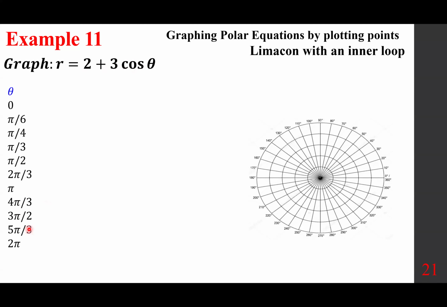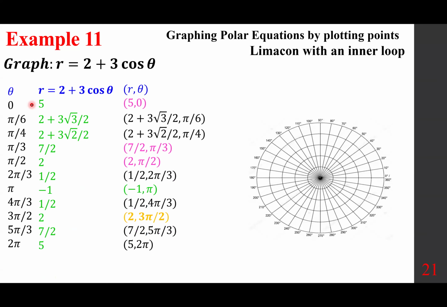5 pi over 3 is a good number. It's just like pi over 3, and it's positive because in the fourth quadrant cosine is positive, so it gives you 1/2 times 3, 3/2 and 2 is 7/2. 2 pi is a good number. It goes back to 5, 0. Okay, so those are the answers, and those are the pairs.